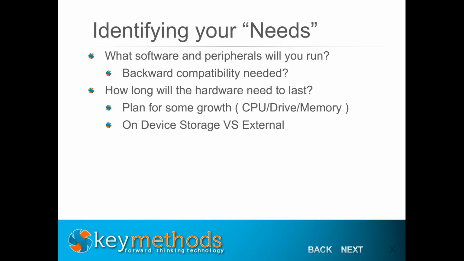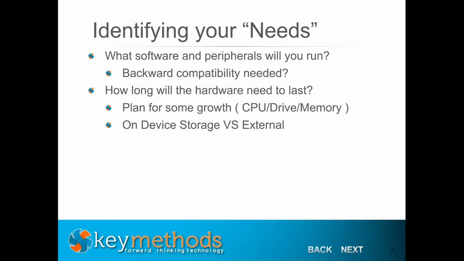One of the things that we really need to pay attention to now is device storage versus external storage. We've got a lot of options now, especially with some of the SSD drives, which tend to be a little bit smaller but a whole lot faster. You need to make sure that you've got enough onboard storage for not only your applications, but things like pictures or music or whatever else you might be storing on there.